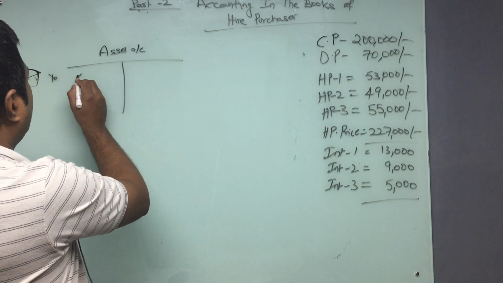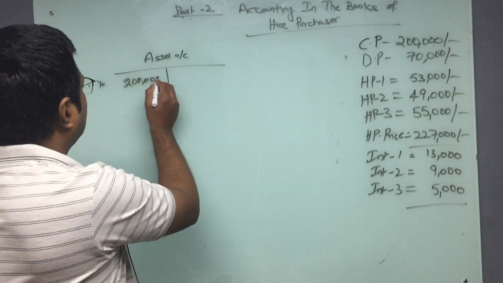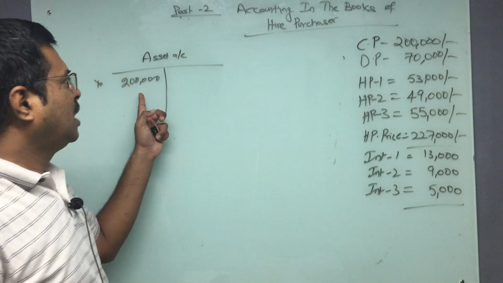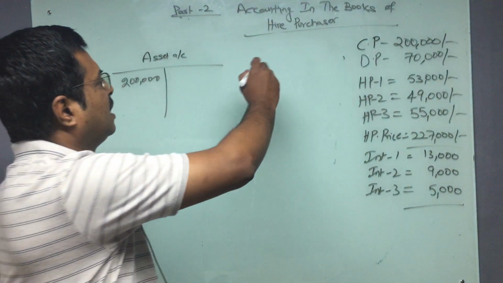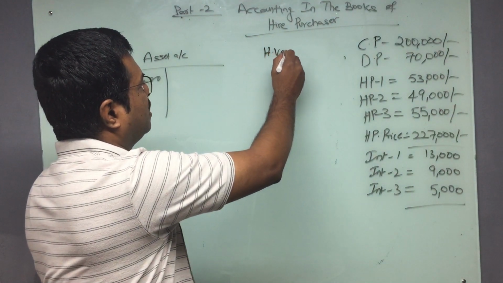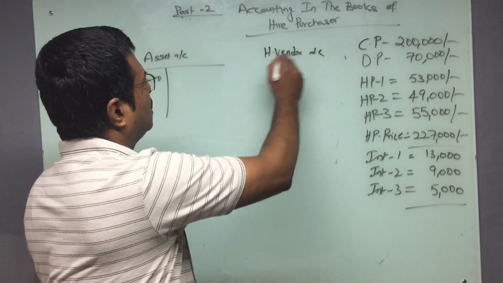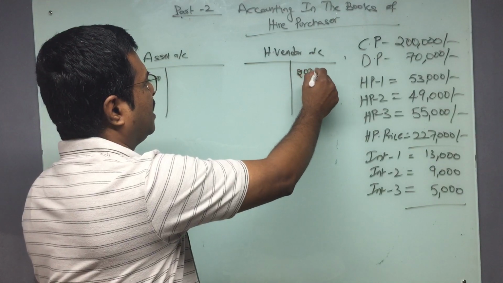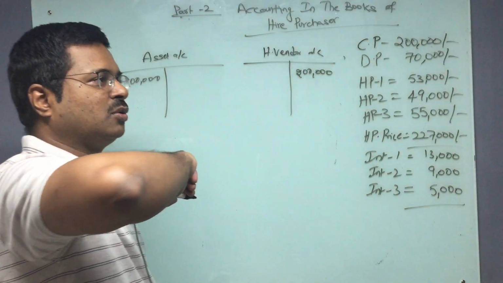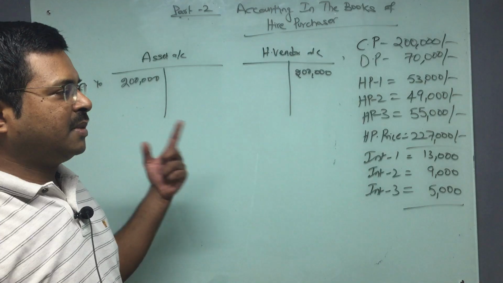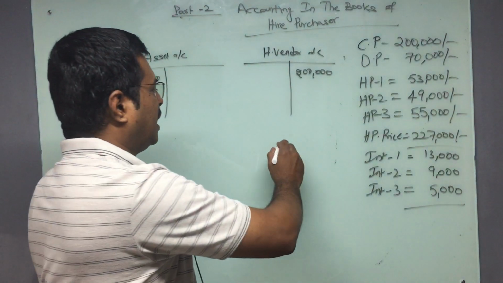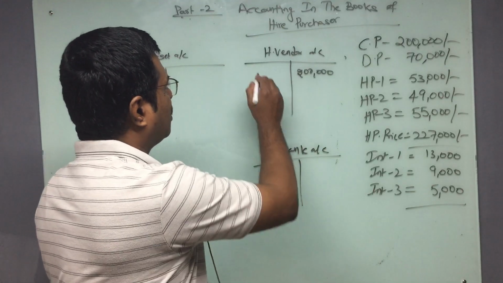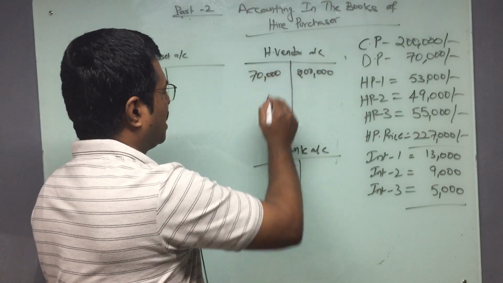Year 0, I buy 2 lakh rupees, asset account debit to hire vendor, 2 lakh rupees I am debiting to asset account. Okay. Next, hire vendor account. In the first entry, I am crediting 2 lakh rupees to hire vendor, that is asset account debit to hire vendor. Then I am releasing down payment to the hire vendor. So hire vendor account debit to bank account 70,000.